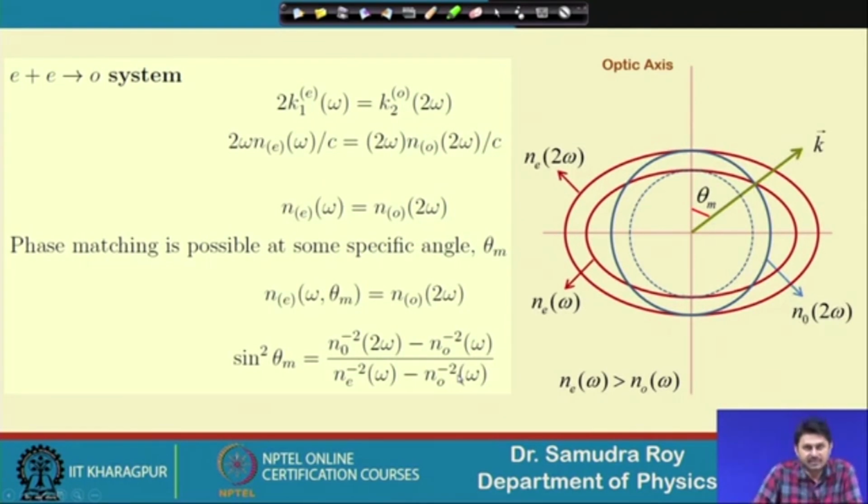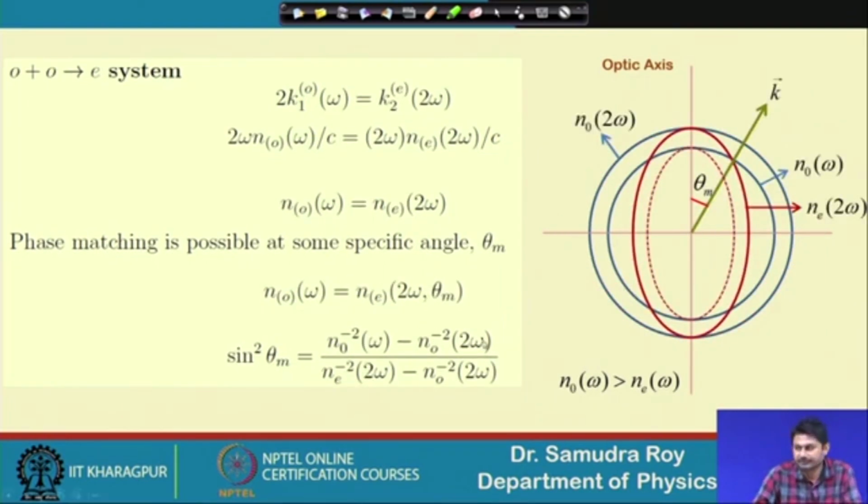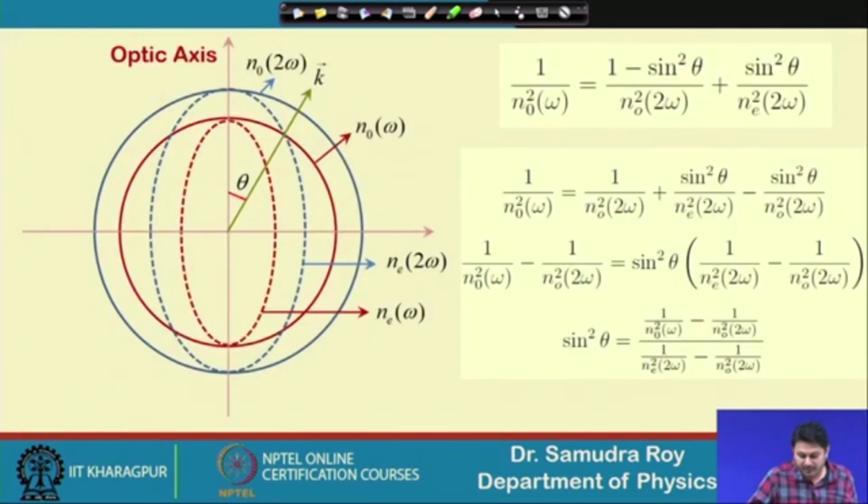So, I suggest you please calculate these things in your own way. This is the calculation that we have already done. So, let me go back to the previous slide so that you can understand. Yes, here you can see the calculation for the crystal where two ordinary waves merge to generate one extraordinary wave. This calculation is already done.